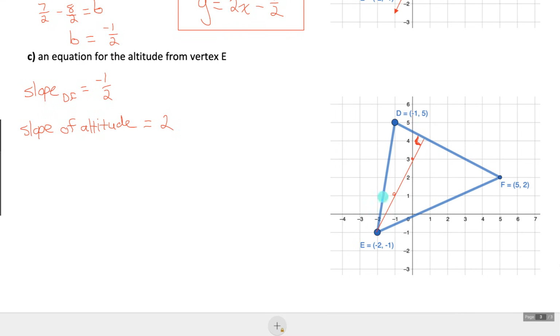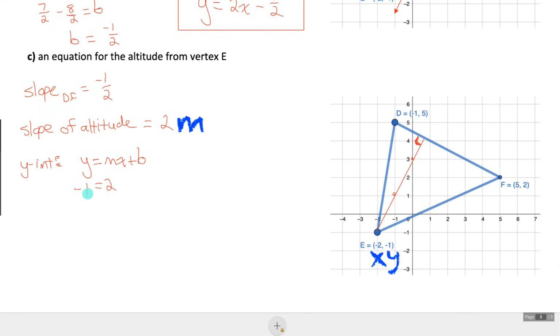Based on how I drew it, it looks like the y-intercept is going to be 3, or at least about 3. Let's do some calculating to make sure. To find the y-intercept, into y equals mx plus b, we will sub in our slope of 2, and any point on our altitude. I'll use point E, that's on our altitude, that's where it started, as my x and y coordinate.